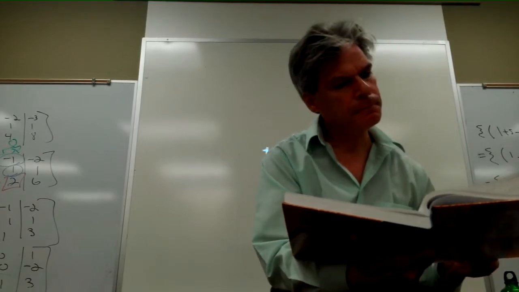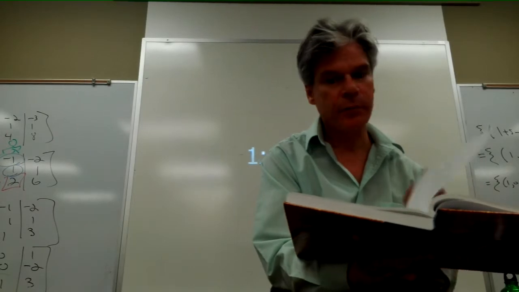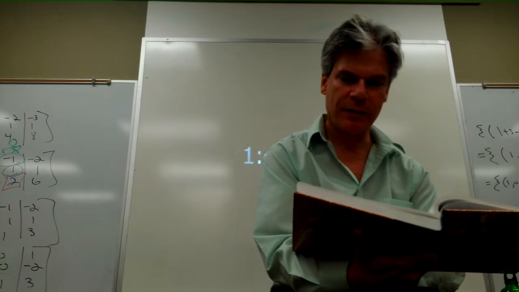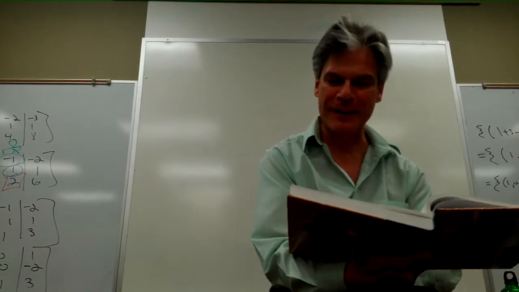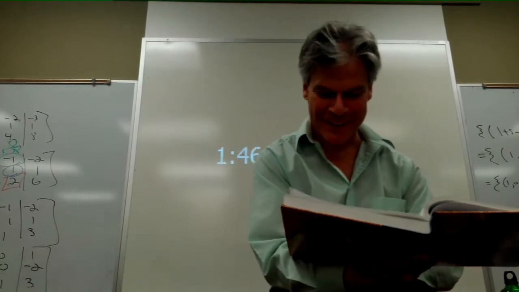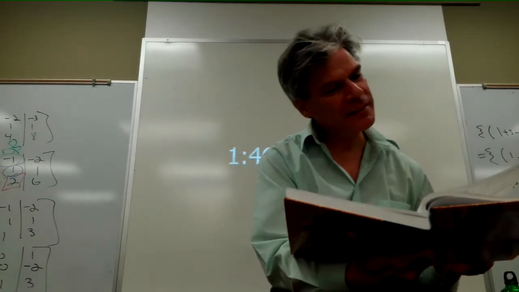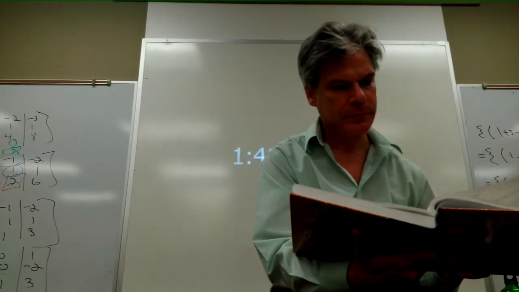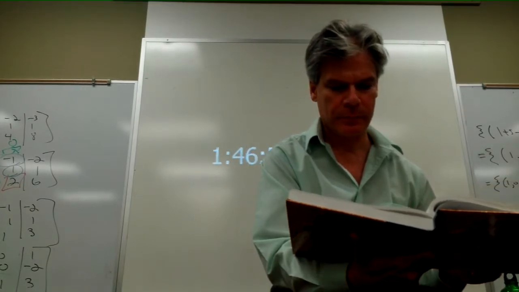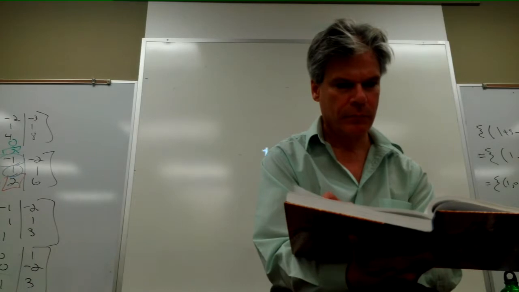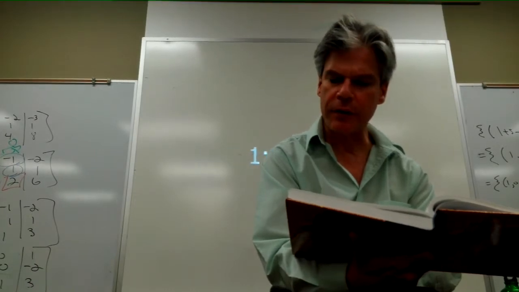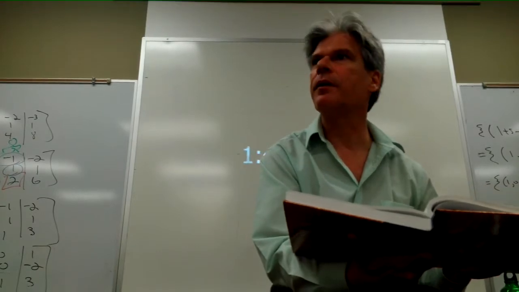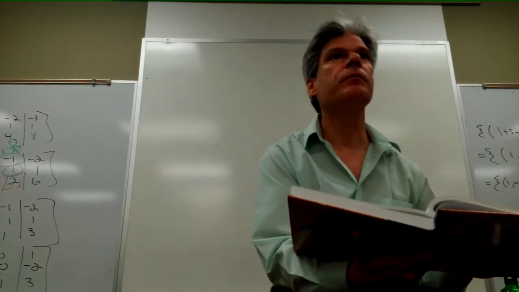Number 1, number 3, number 9, and number 9 is a bad Beatles song. Number 13, number 17. Number 19, 33, 35. I'll just stop there. If they're difficult, just do more.